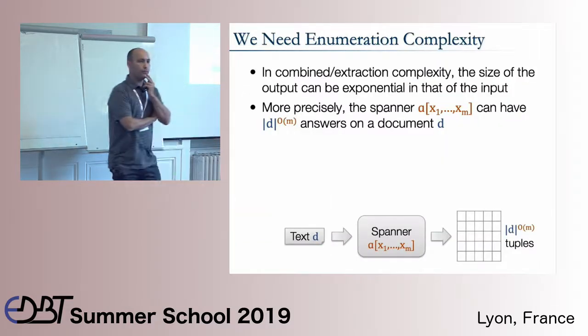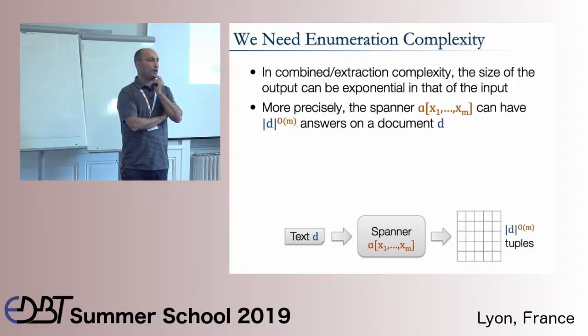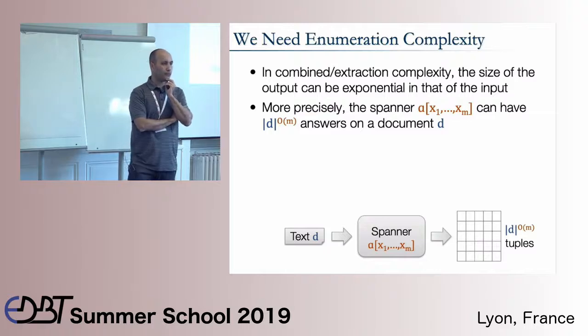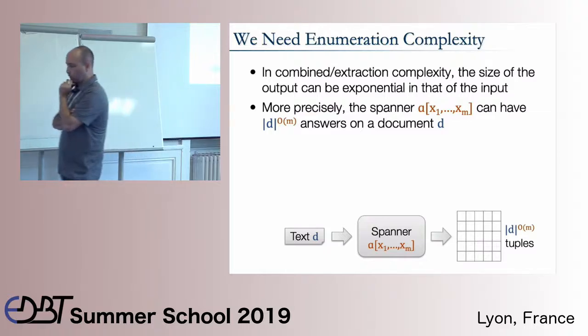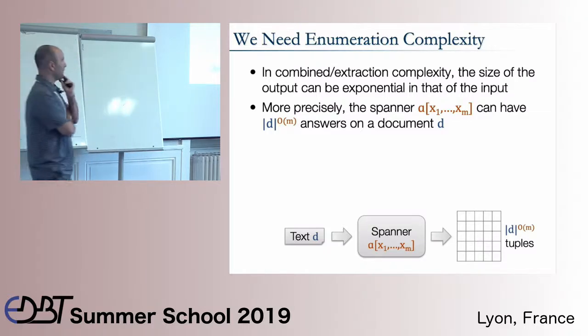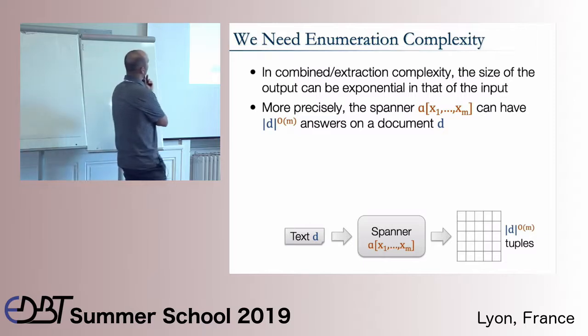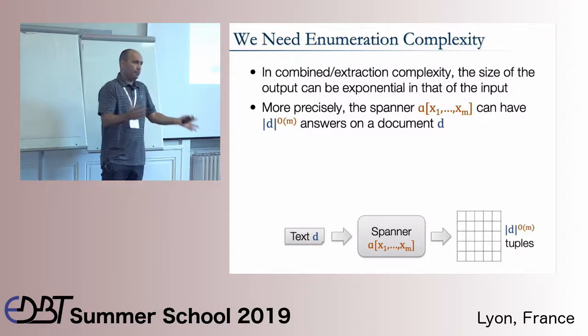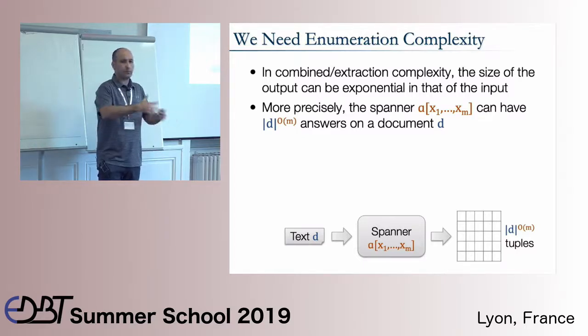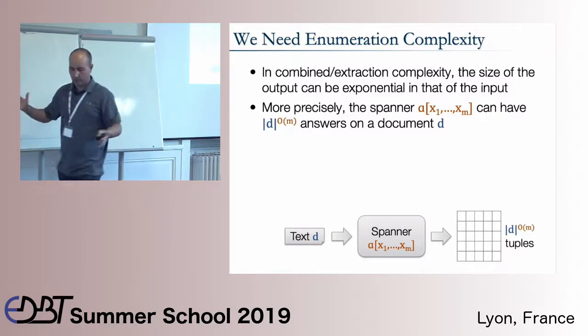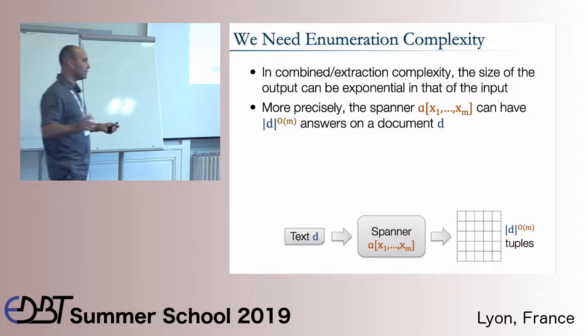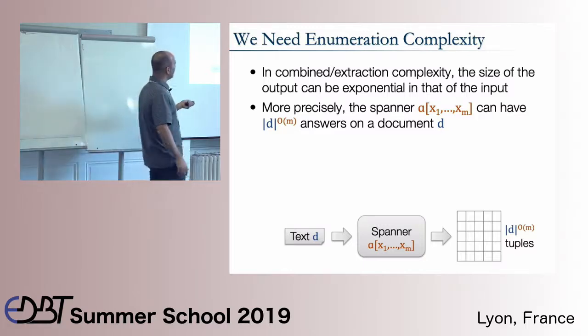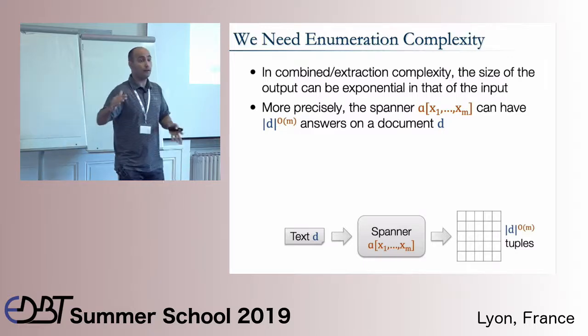Here's another issue. If we allow the regex formula to be part of the input, then it might be the case that the output is just too large. By the definition of the spanner, it extracts all the possible spans, and then the number of tuples can actually be exponential.